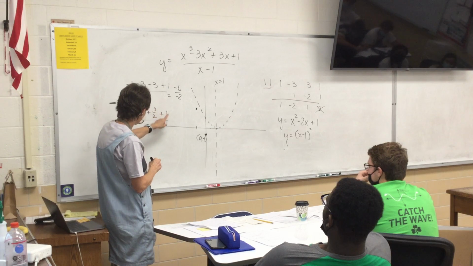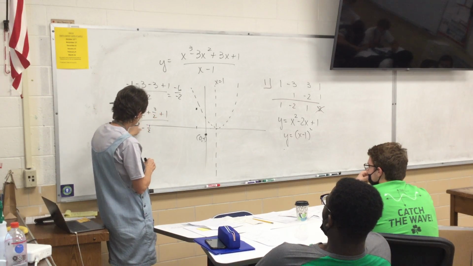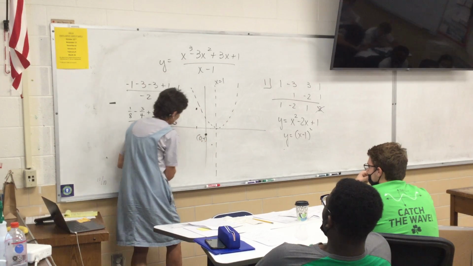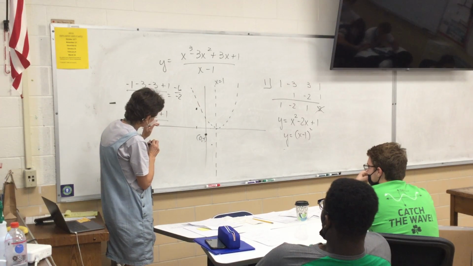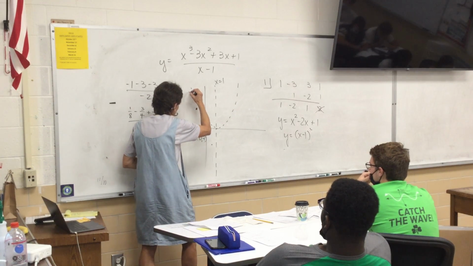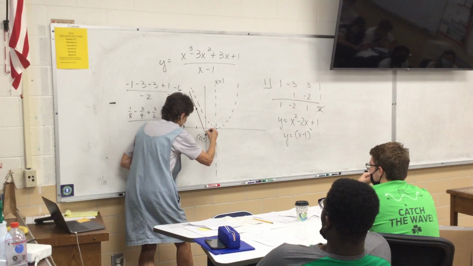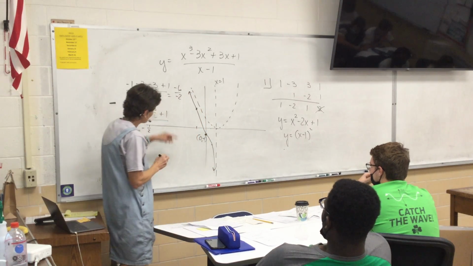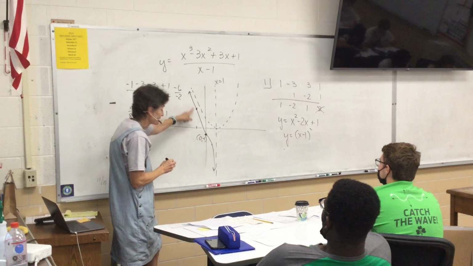Would you agree with me that that'll be a positive number? And that's a negative, so when I put in 1/2, I get a negative. Okay, now wait a second. These 3 dots have to be connected. Not sure what the curvature is in there, but those dots have to be connected. Does that make sense to you?